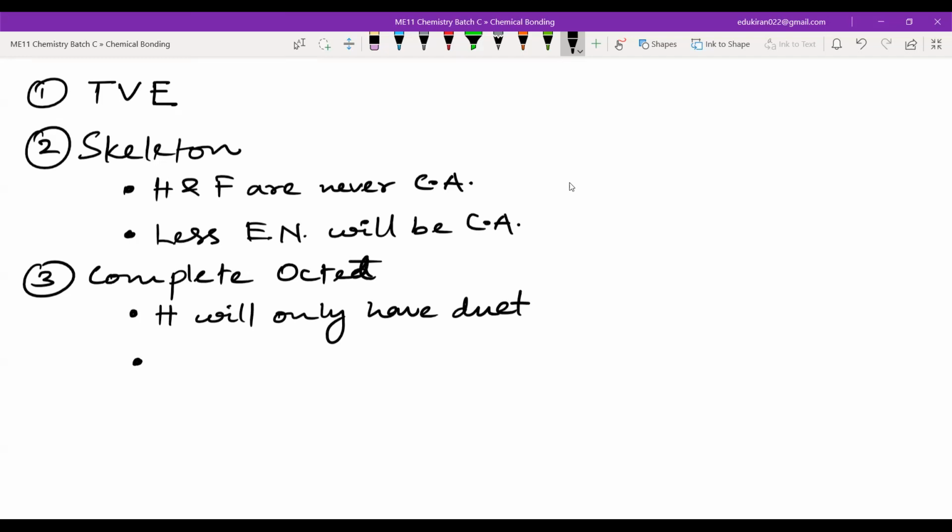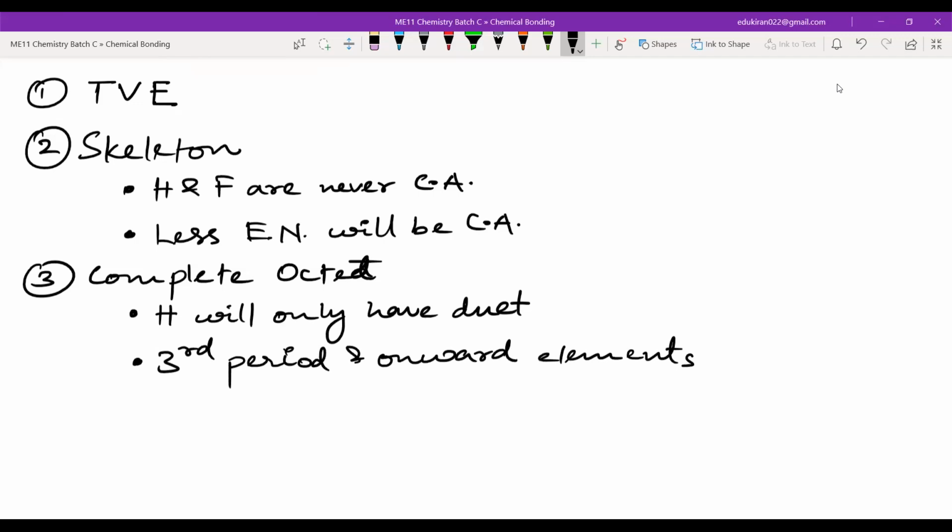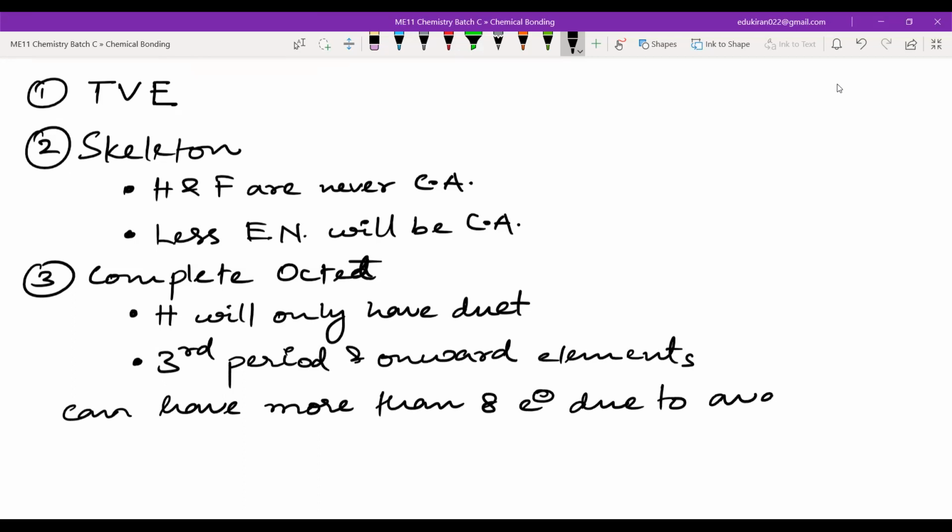Now, one more point is that third period and onwards elements can have more than 8 electrons due to availability of d subshells.